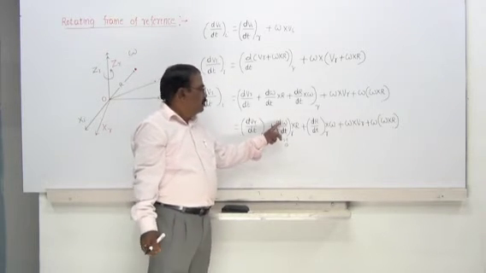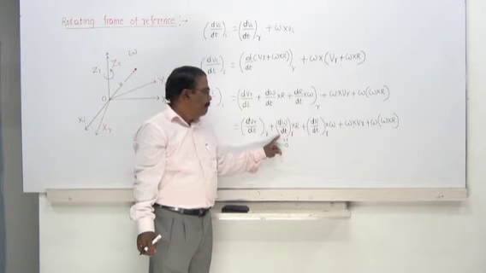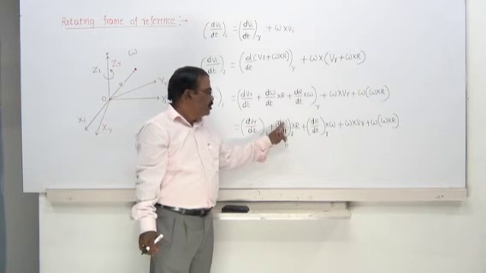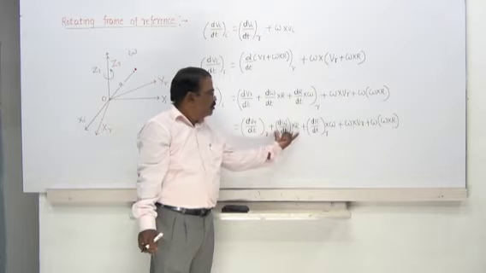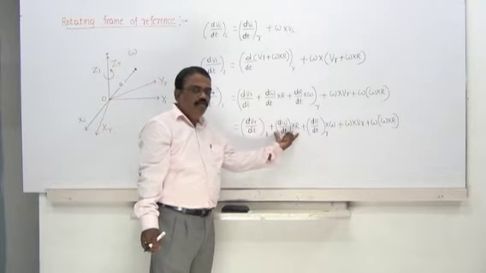Differentiation of a constant quantity is 0, so this entire term becomes 0.